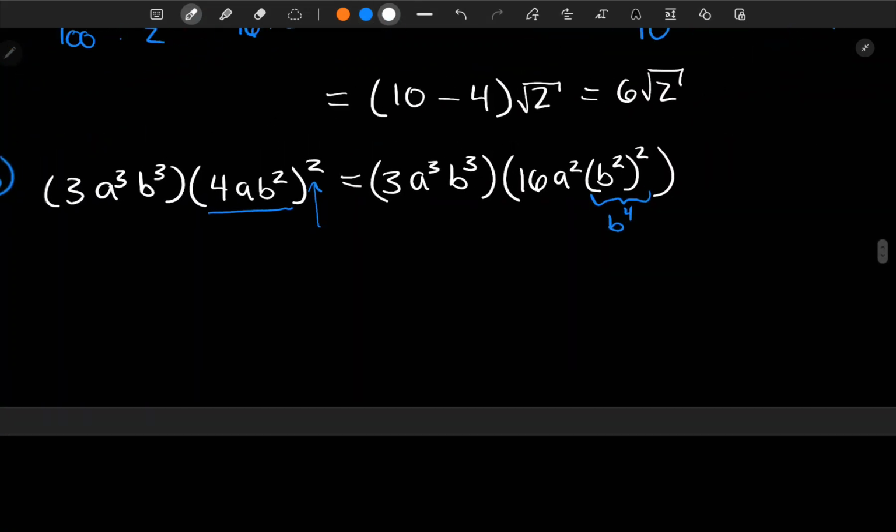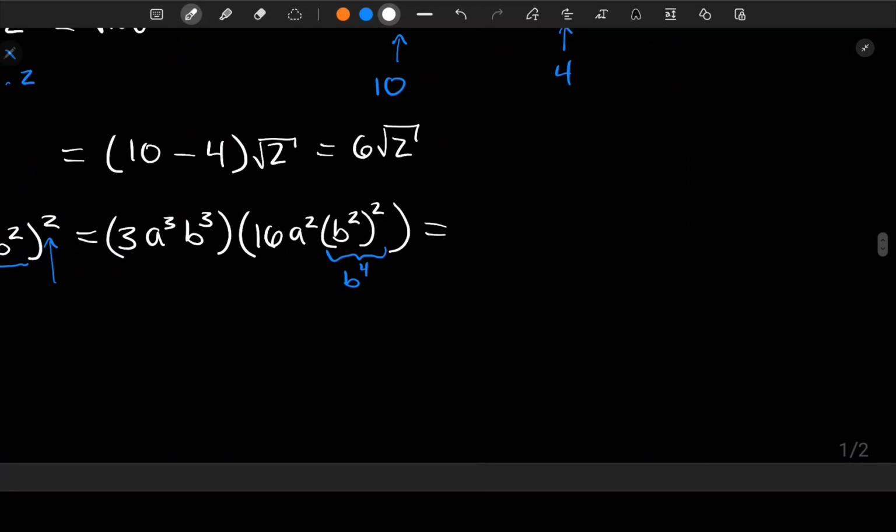So, rearranging this, we multiply the numbers together, so it's 16 times 3, which is 48. And then we have a cubed times a squared. Those are given by a cubed and a squared here. And then we take the b cubed and the b to the 4th power here.